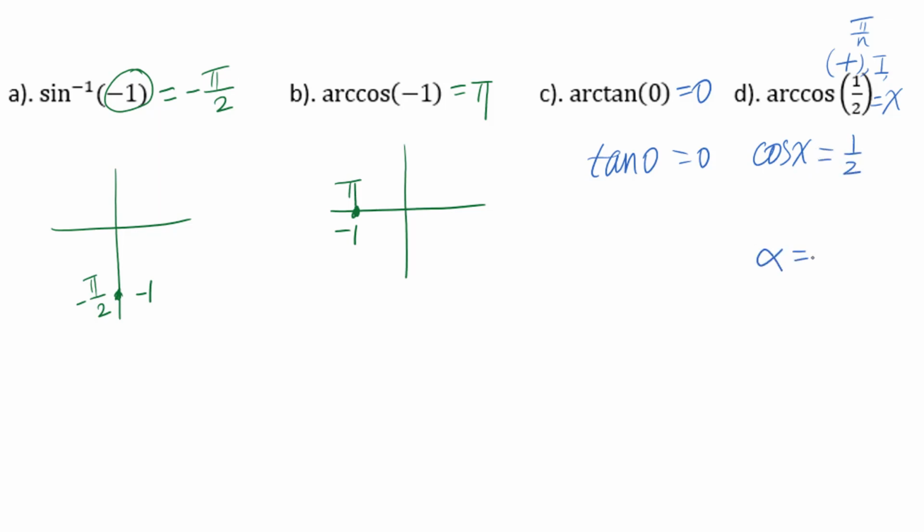Reference angle equals 60 degrees equals pi/3 because cosine 60 equals 1/2. Then this x will be pi/3, equal to the reference angle.